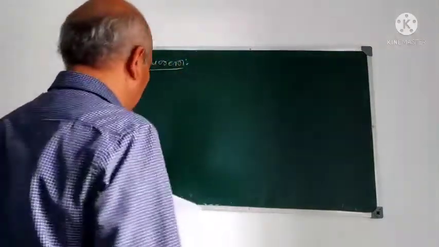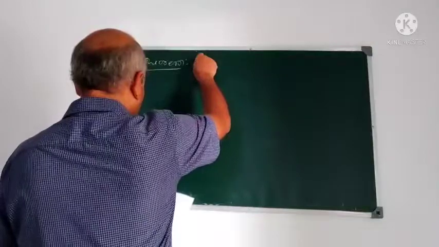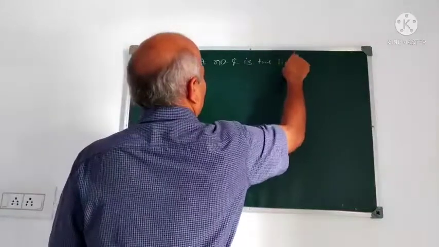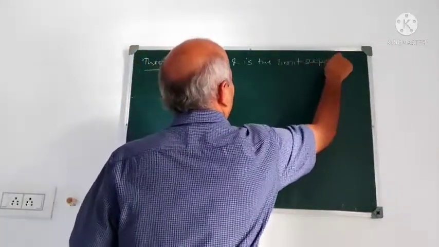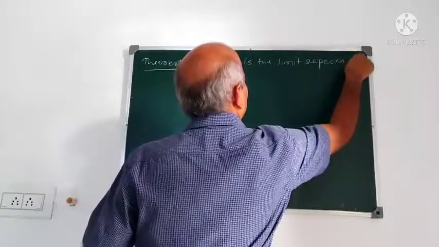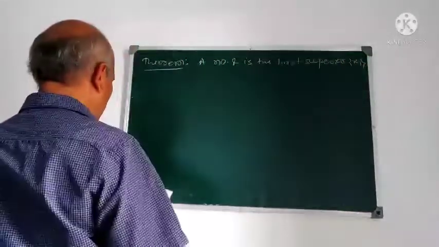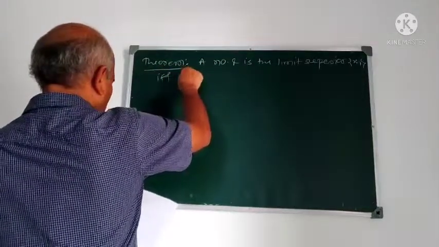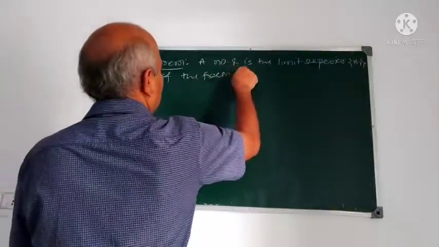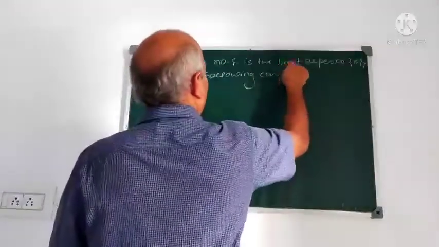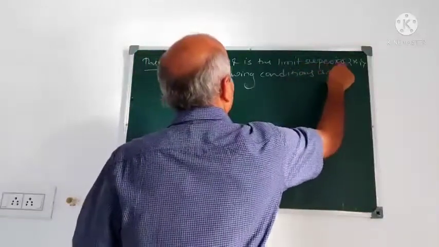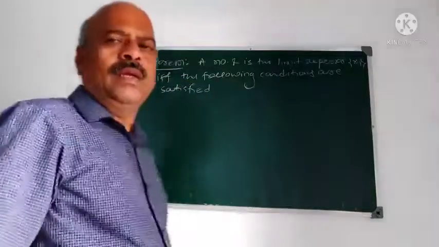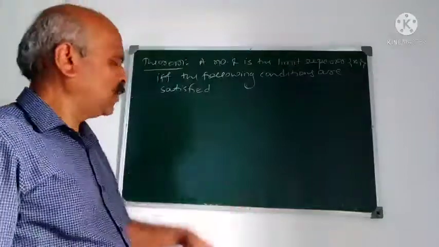First result is: a number L is the limit superior of the sequence Xn if and only if the following conditions are satisfied.